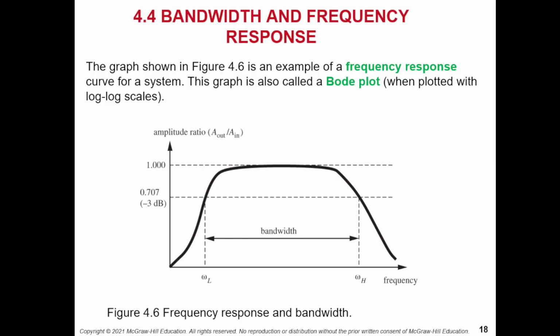You draw a horizontal line and intersect your spectrum, because the horizontal axis is frequency. You mark the first intersection, this is omega L, the low frequency. The second intersection is omega H, the high frequency.